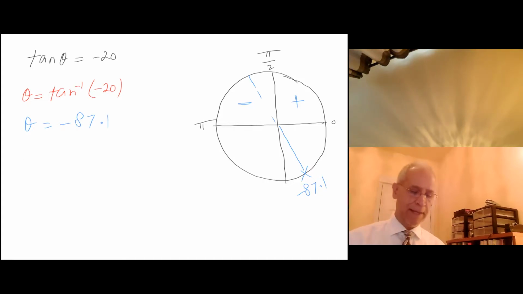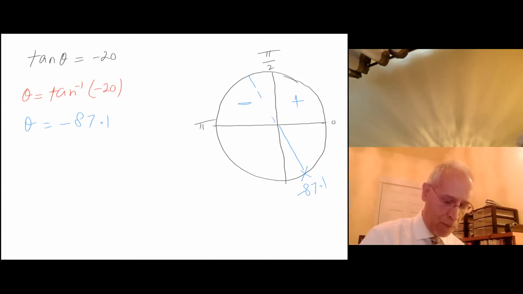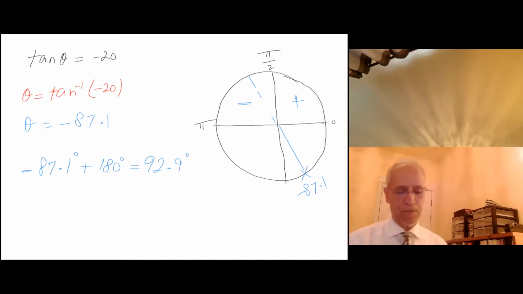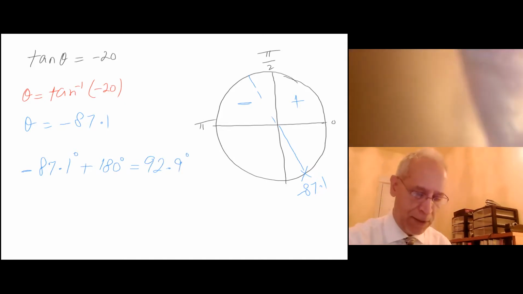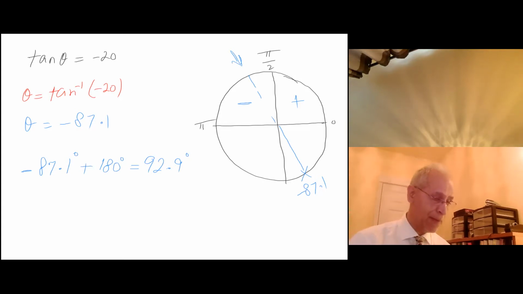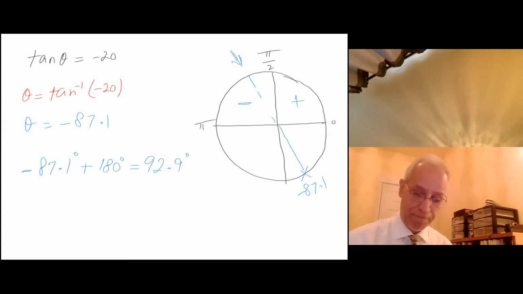I'm going to say -87.1 degrees plus 180 degrees, and that gives me positive 92.9 degrees. So positive 92.9 degrees is somewhere in quadrant 2, and its tangent is -20.